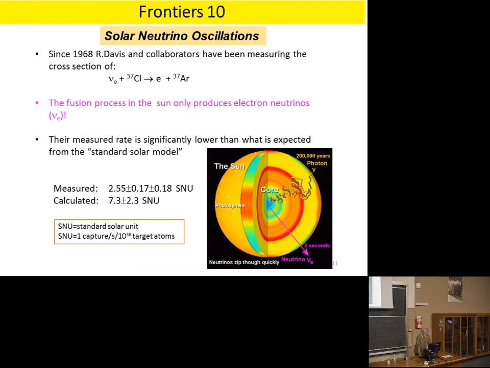Let me reflect on that a little bit. So basically what happens is the sun at the very core of it has nature's equivalent to a fusion reactor. We don't know yet, by the way, how to make a fusion reactor ourselves.